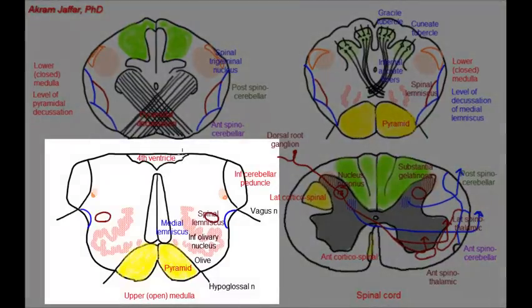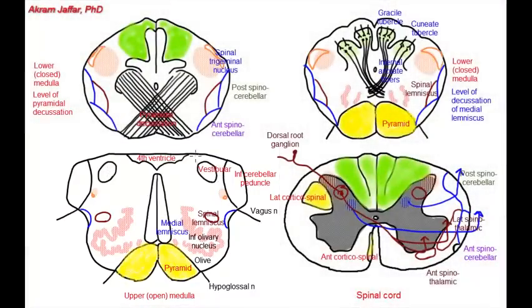In the medulla, we have the inferior vestibular nucleus and the medial vestibular nucleus. They cause an elevation in the floor of the fourth ventricle located laterally, which is called the vestibular trigone. The other nuclei, the lateral and superior vestibular nuclei, are located in the pons.